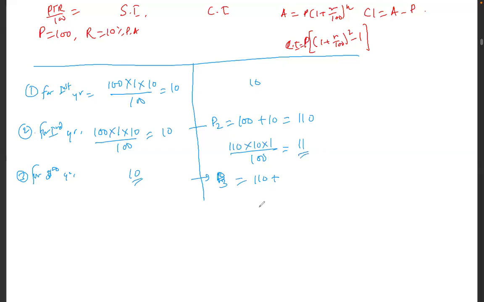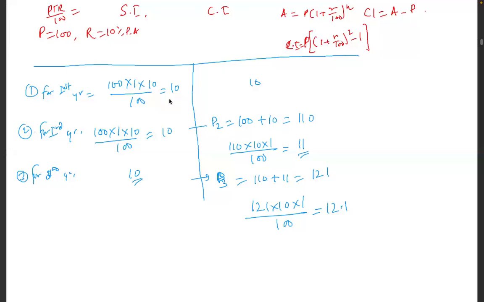So that is 11. So total principal for third year is 121. Now you can calculate interest: 121 into 10 into 1 divided by 100. That is equal to how much? 12.1. Okay.